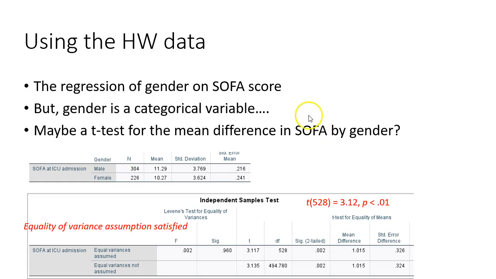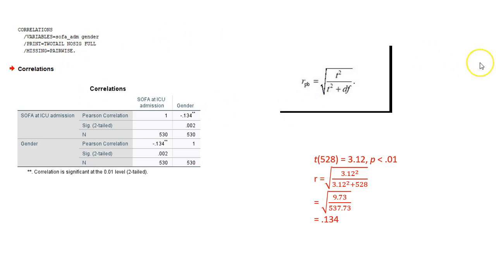So let's look at the same thing in the regression context. The first thing I did was a correlation between SOFA and gender using the regular dialog box for correlation. And you can see that it is significant, and the obtained r value is 0.134.